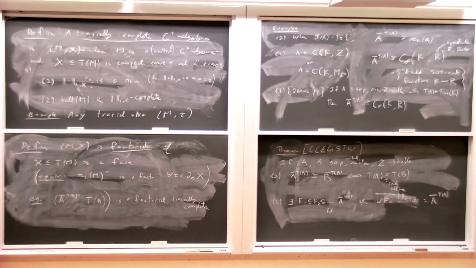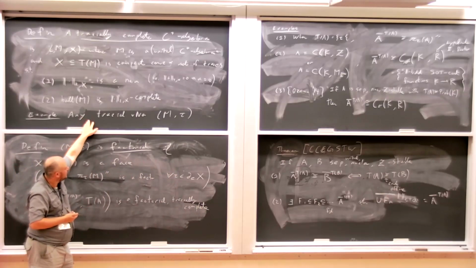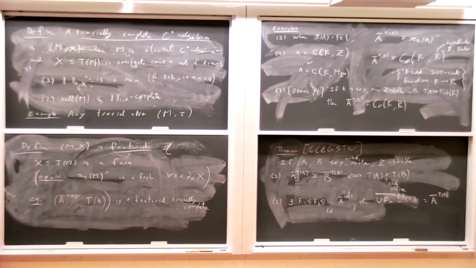This is the kind of algebra that we actually cared about. Part of the reason for not building factorial into the definition is we want that to count. And there are reasons that Andrea will probably say more on of why we wanted to move outside the factorial setting sometimes.